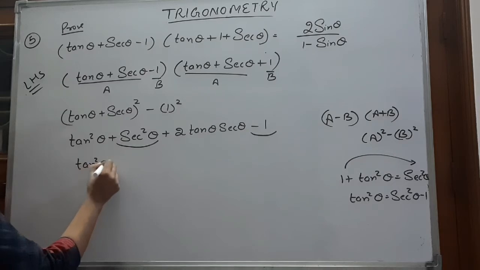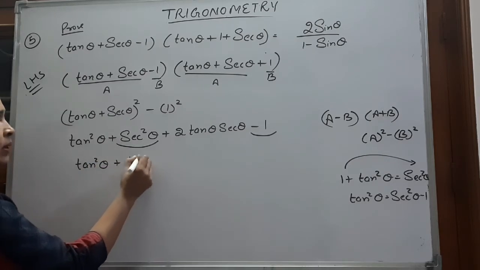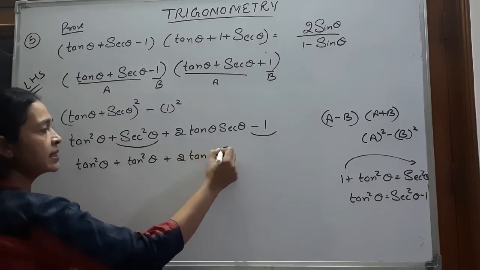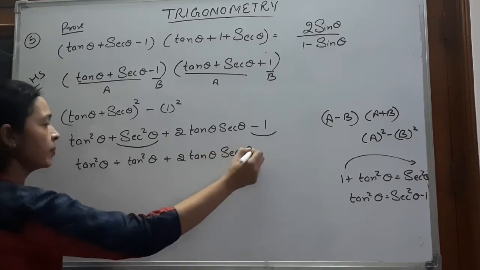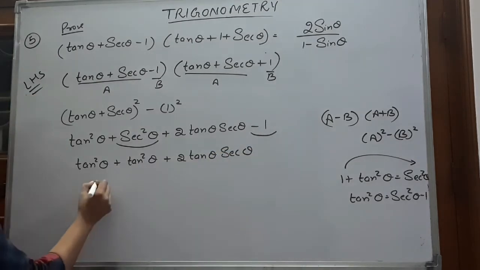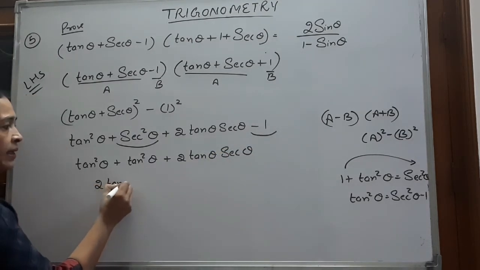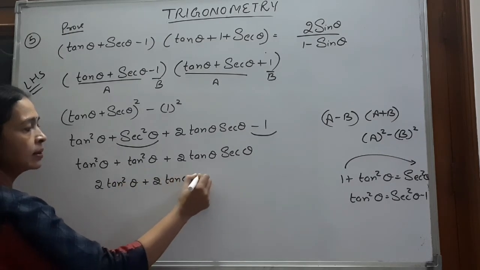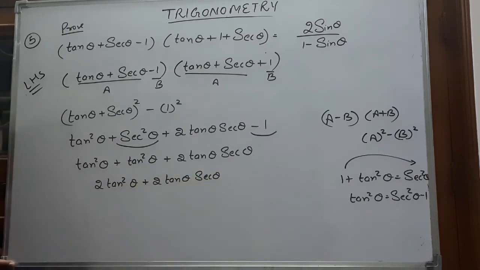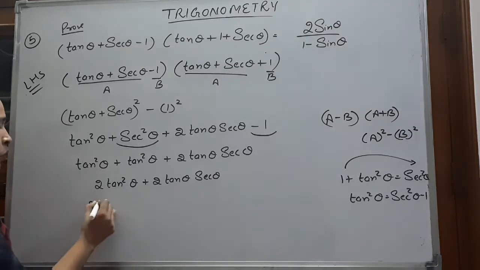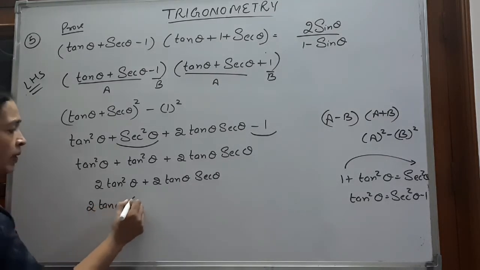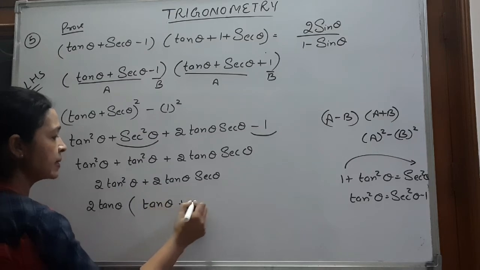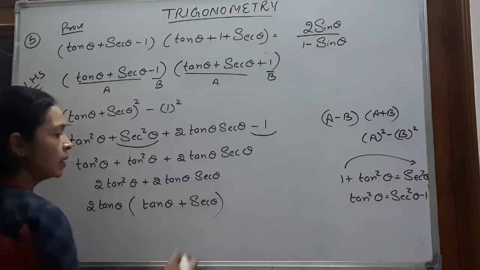So we have tan square theta plus tan square theta plus 2 times tan theta sec theta. Tan square theta plus tan square theta, 2 tan square theta plus 2 times tan theta sec theta. What is common? 2 tan theta is common. What is left? Tan theta plus sec theta.